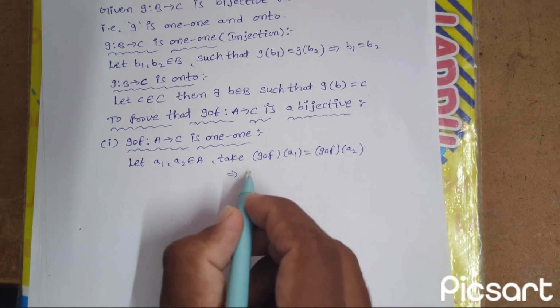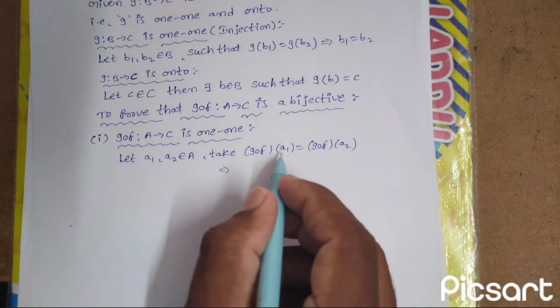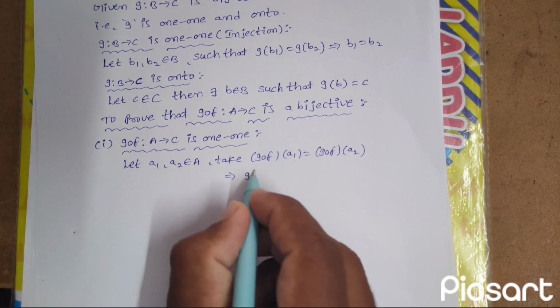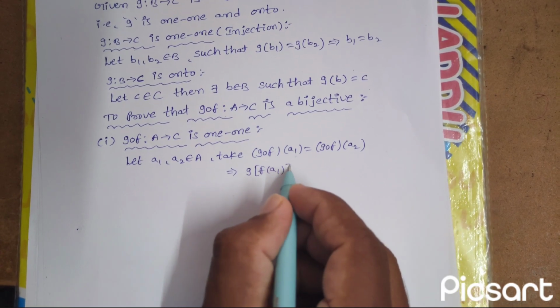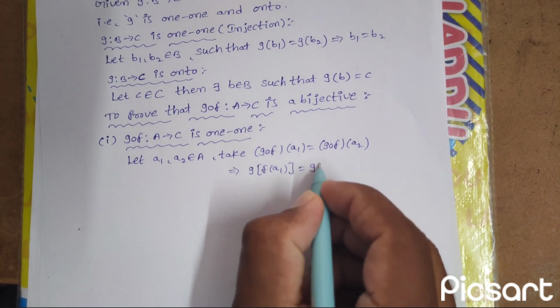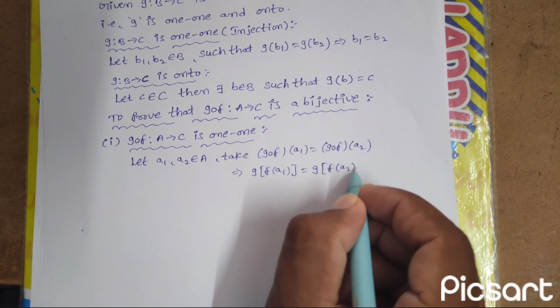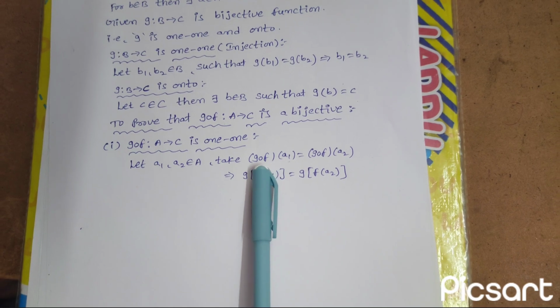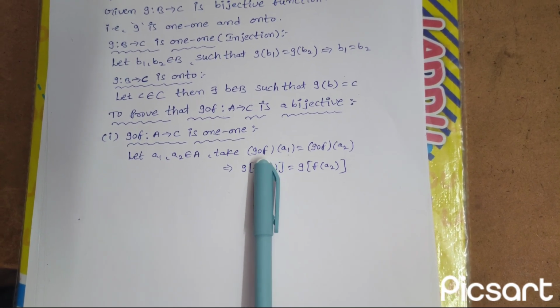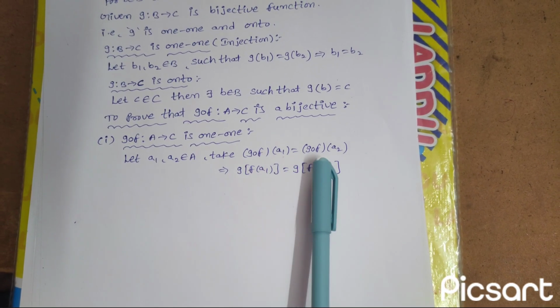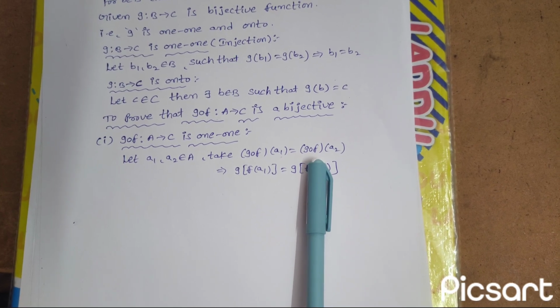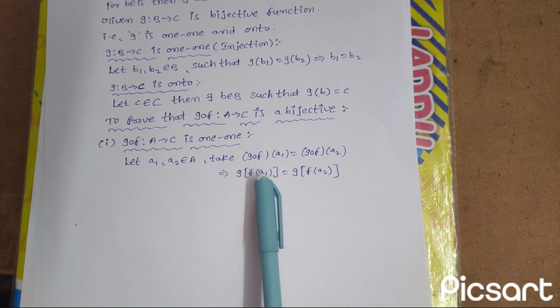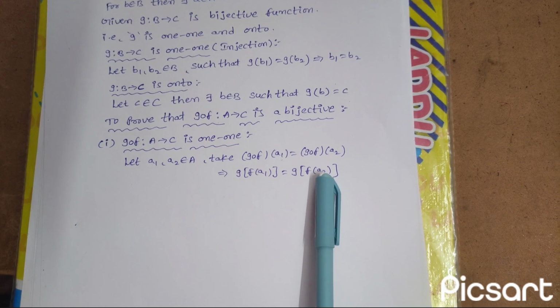According to the composite function definition, g circle f of a1 can be written as g of f of a1, and here also g of f of a2. Here f of a1 is treated as small b1, f of a2 as small b2. This is in the form g of b1 is equal to g of b2.